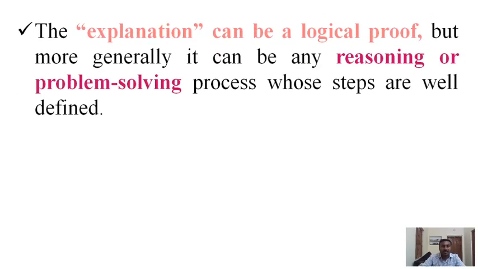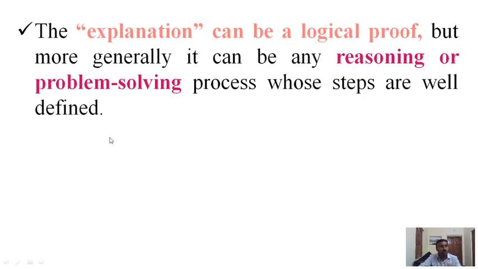Then the explanation can be a logical proof. The explanation you have defined, that is what we call a rule. So a rule or formula is nothing but a logical proof. But more generally, it can be any reasoning or problem solving process whose steps are well defined.